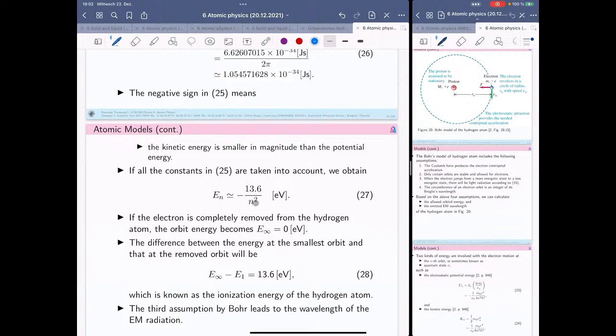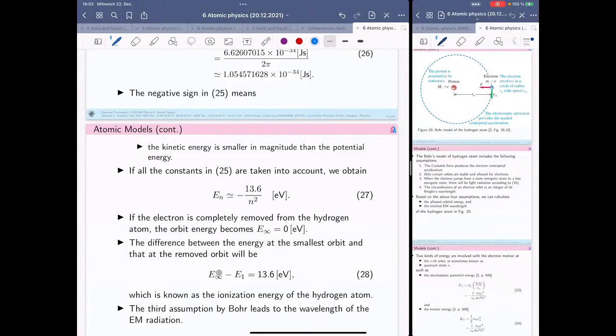When n is infinity, you get negative 13.6 divided by something very large, and it remains 0 finally. So E infinity, the location extremely far from the nucleus of the hydrogen atom, will remain 0 electron volt or 0 joule too. The difference between the energy at the smallest orbit and at the removed orbit will be E1.